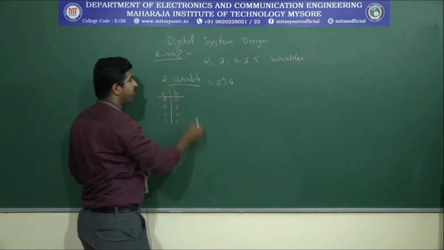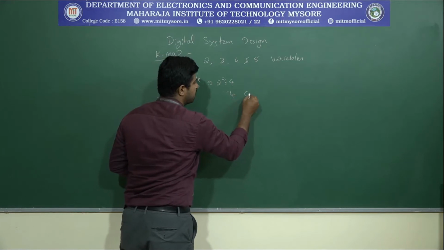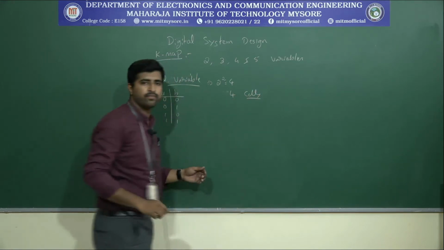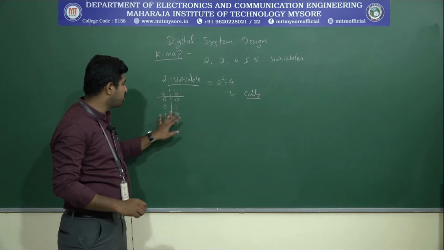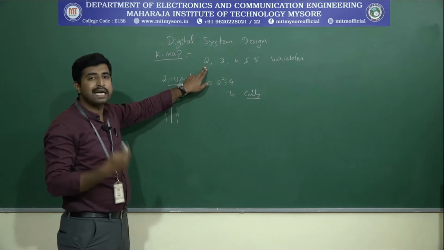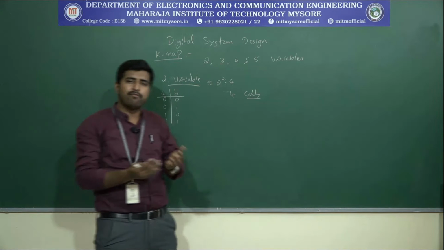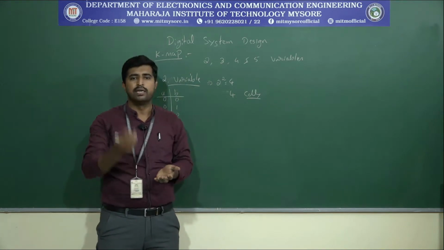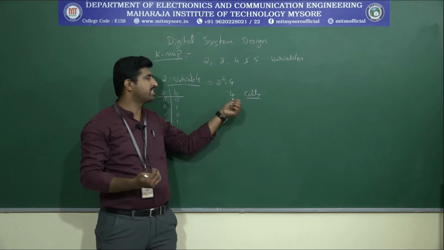Similarly, the K-map of 2 variables will have 4 cells. Individual cells correspond to 0 0, 0 1, 1 0, 1 1. We will understand that when we discuss the K-map. Keep in mind that the K-map is similar to the truth table: according to the input combinations, that many cells will be there.